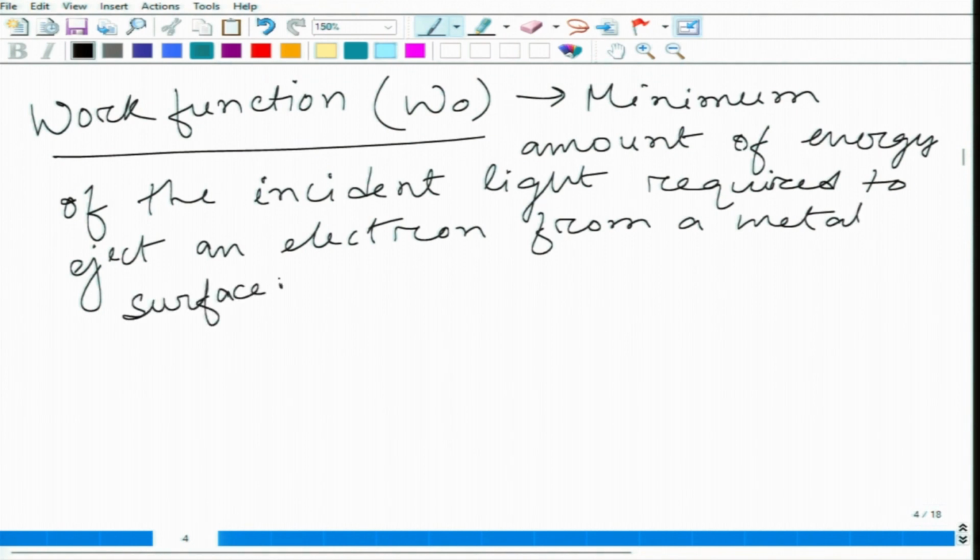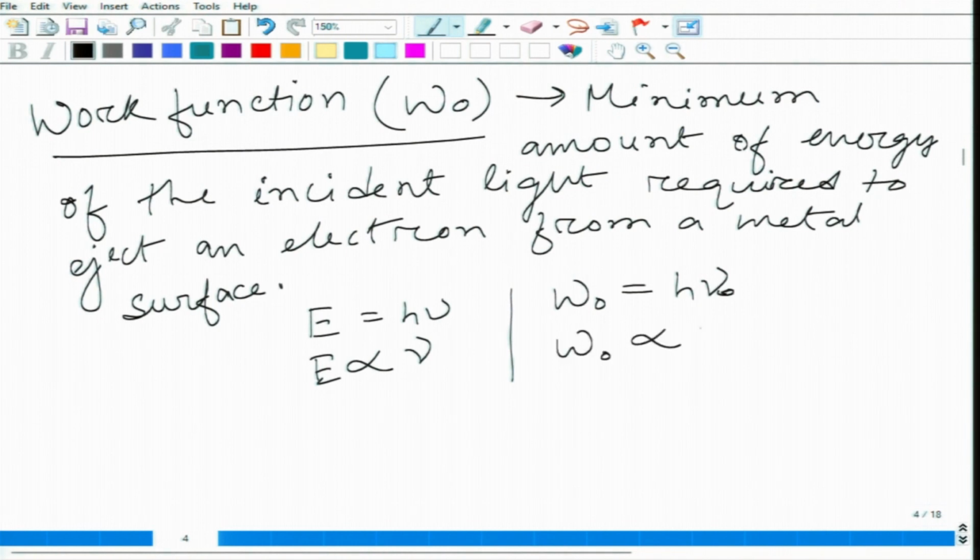This is called the work function, and we know that energy is equal to h nu, that is, energy is proportional to frequency. So we can write that W naught equals h nu naught, suppose. Here h is Planck's constant, which has a constant value, and so W naught is actually proportional to nu naught.